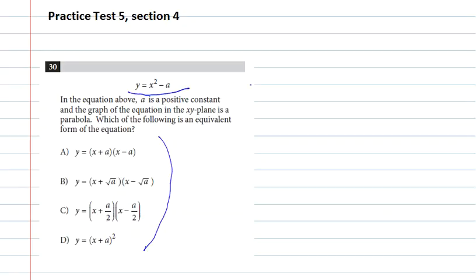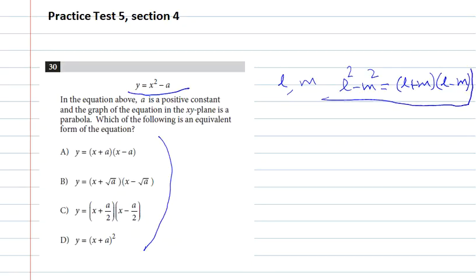So the main thing that you need to know is, if you have any two numbers, let's say L and M, L square minus M square is equal to L plus M times L minus M. So this is a formula you kind of need to know.